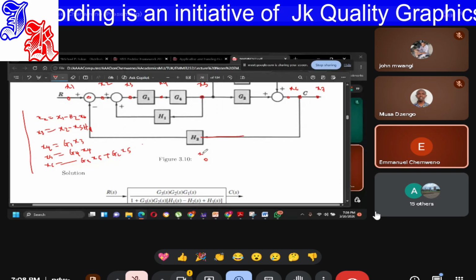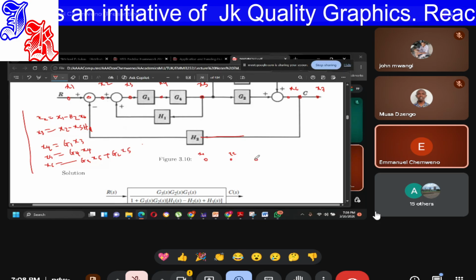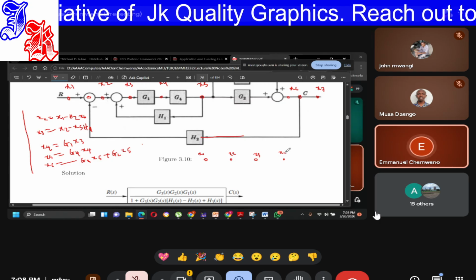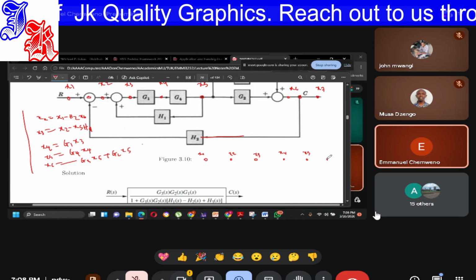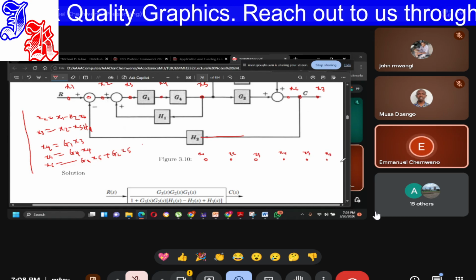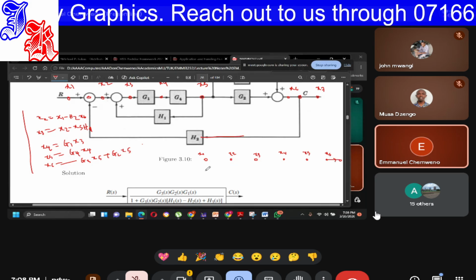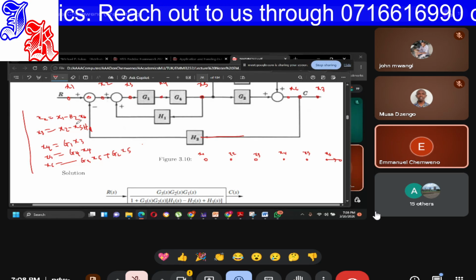X1, X2, X3, X4, X5, X6, and we had an X7, which is basically the output. So X2 is equal to X1 minus H2, X6.